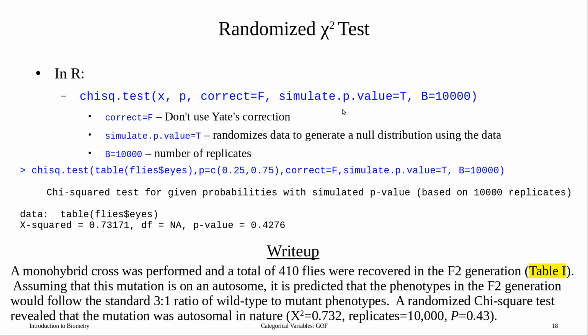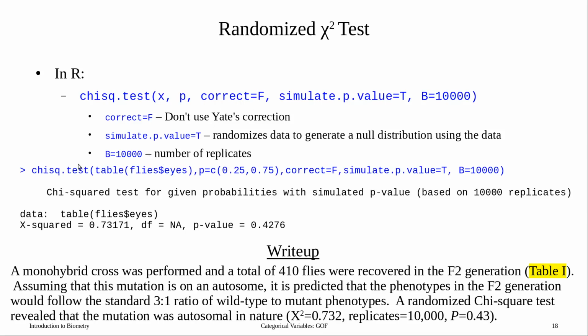So when we set simulate.p.value equal to T, then we can specify how many replicates to run. Normally we run 10,000. When we do this, don't use Yates correction. We want the uncorrected chi-square so that our null distribution is accurate.